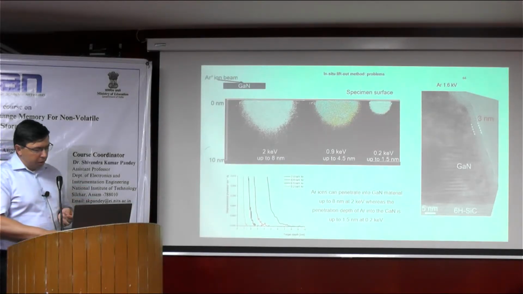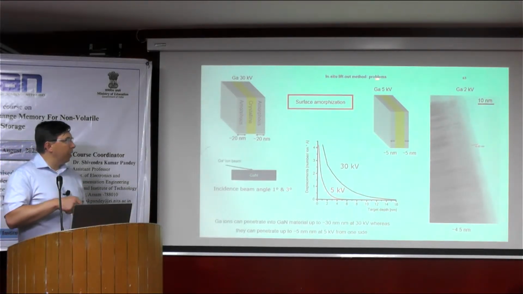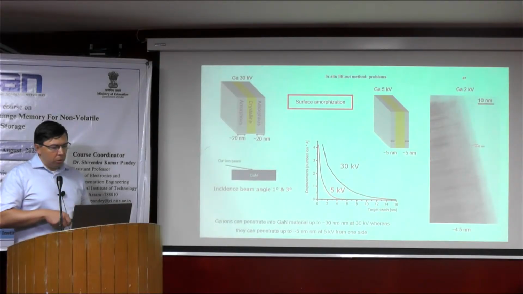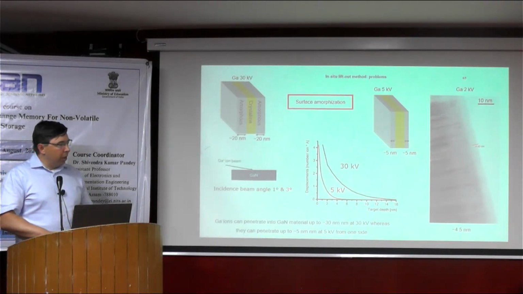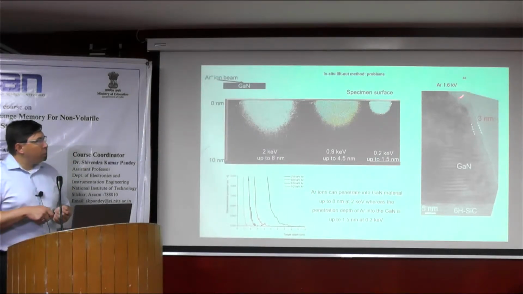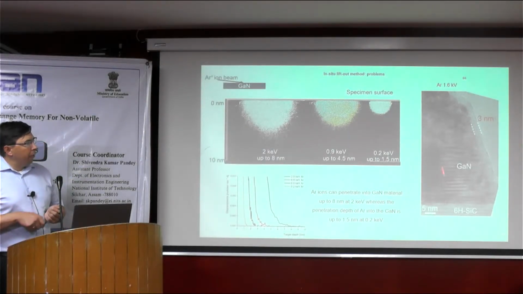So here we also tested this on our TEM specimen. First we prepared the specimen by the standard FIB approach, and then we also used low energy gallium ion beam polishing at the end. If we use argon ion beam polishing, we can reduce the amorphous surface layers even to a low value, 3 nanometers.